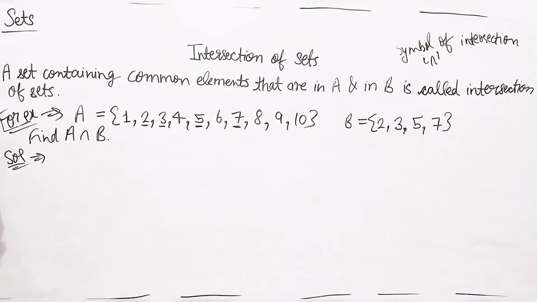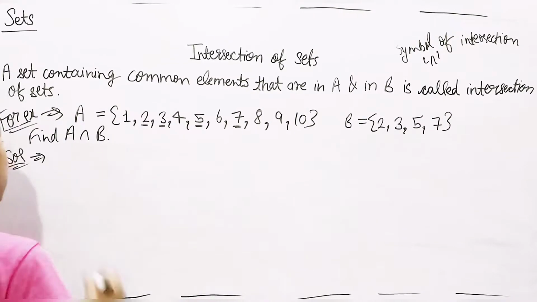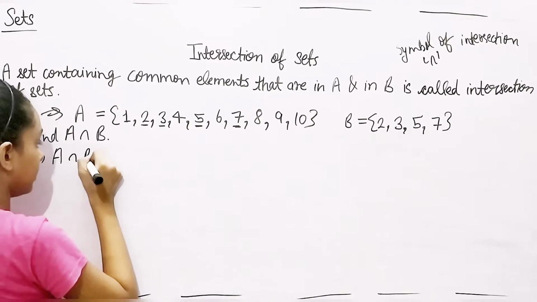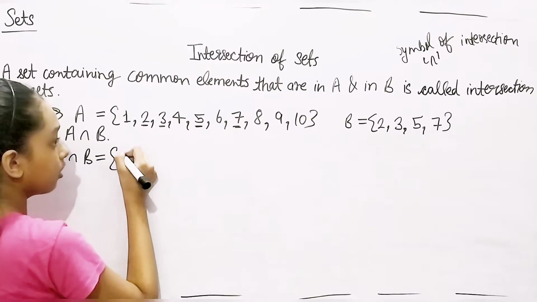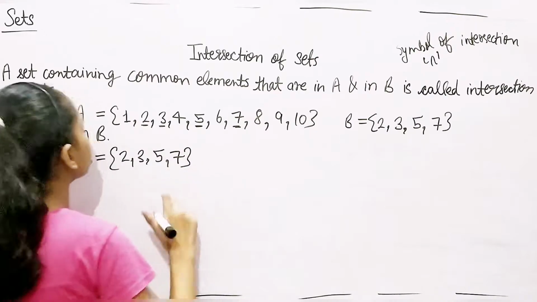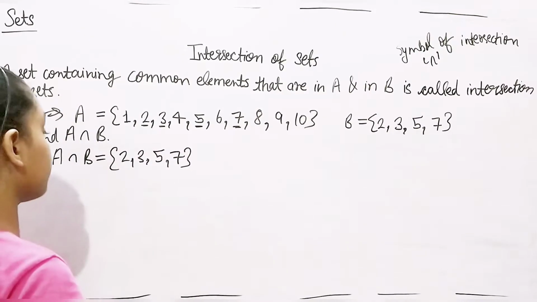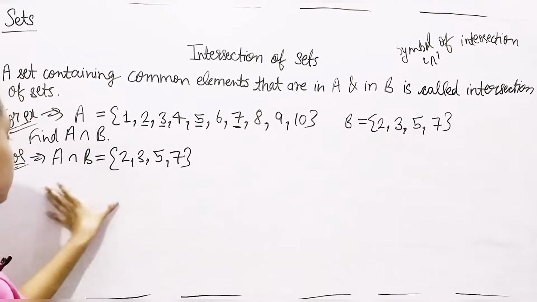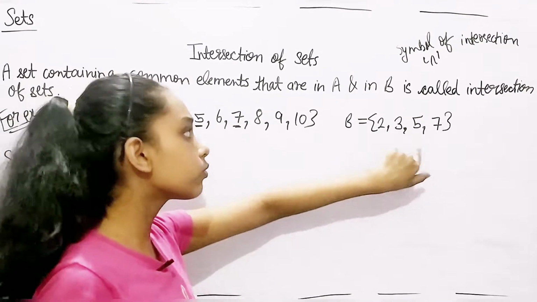So I can see that A intersection B is going to be 2, 3, 5, and 7. You may be a little bit confused, because set B is actually equal to the elements 2, 3, 5, and 7.